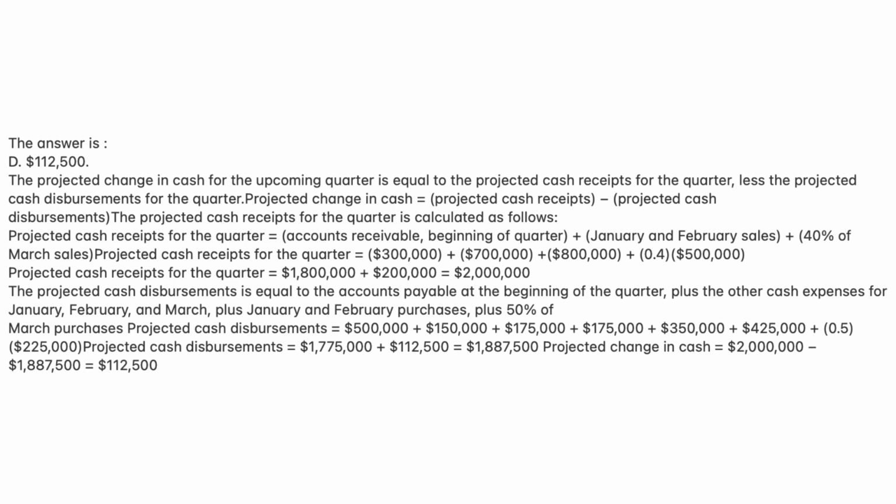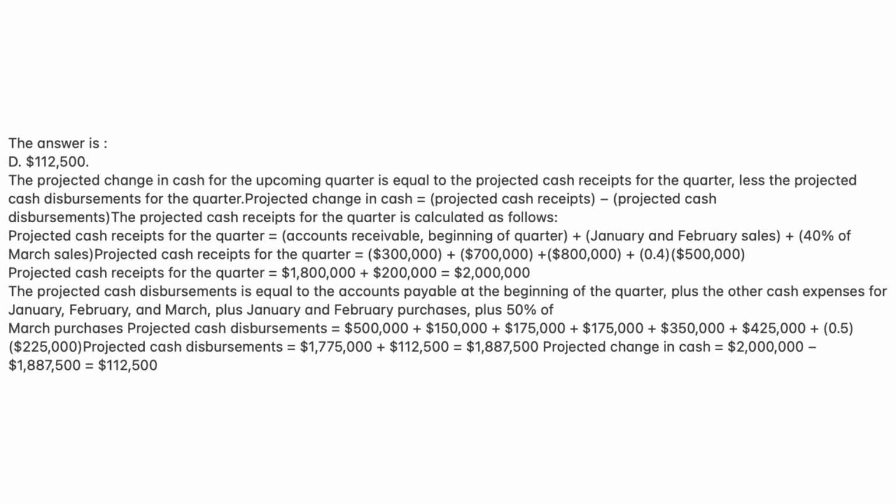The projected cash disbursements is equal to the accounts payable at the beginning of the quarter, plus the other cash expenses for January, February, and March, plus January and February purchases, plus 50% of March purchases. Projected cash disbursements equals $500,000 plus $150,000 plus $175,000 plus $175,000 plus $350,000 plus $425,000 plus 0.5 times $225,000.